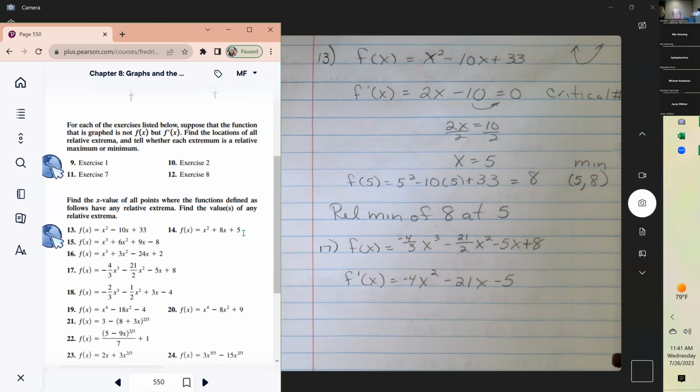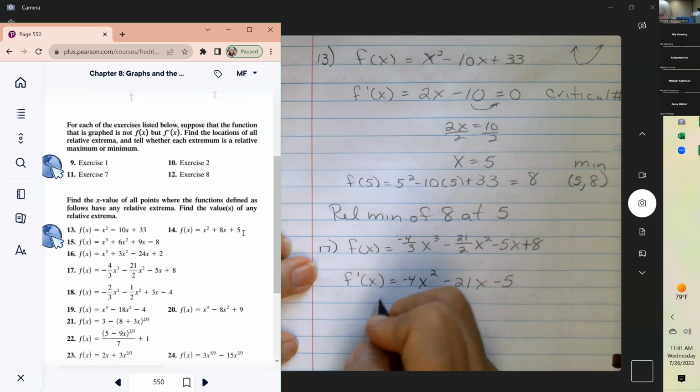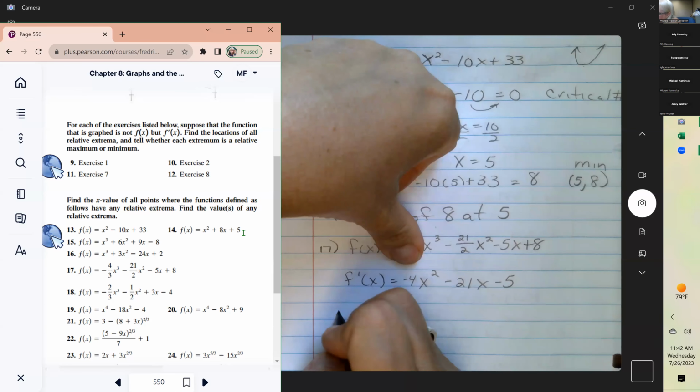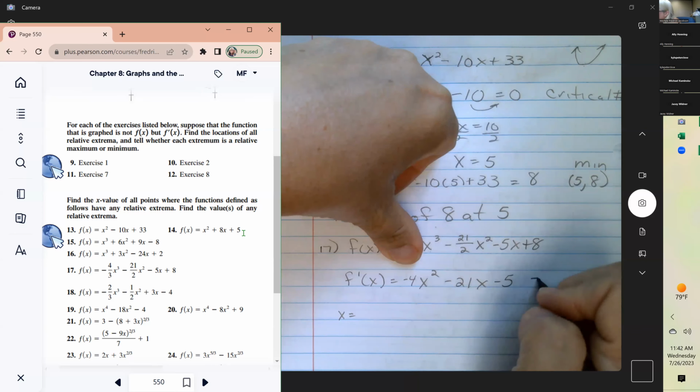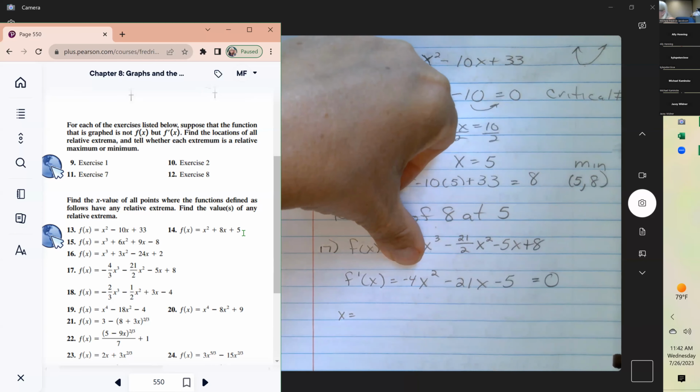It is factorable, but I would use the quadratic formula, because we're going to set this equal to 0.